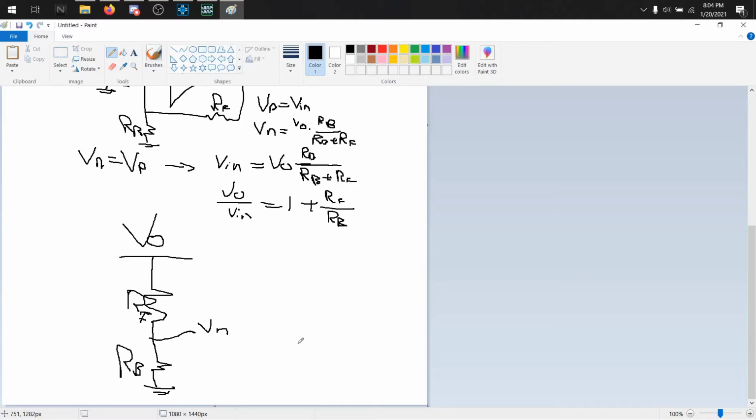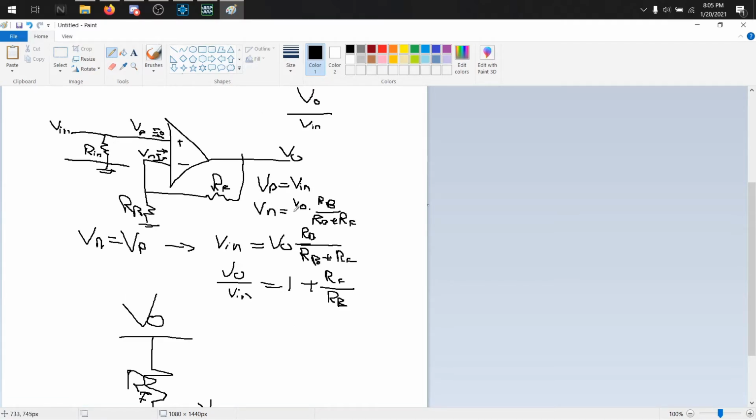So we know that Vn is equal to the voltage divider of Vo times RB over RB plus RF. And because Vn equals Vp from the ideal op amp, we can write the equation like this: Vn, V input, equals V output times RB over the combination of RB and RF, because you're just substituting at that point.